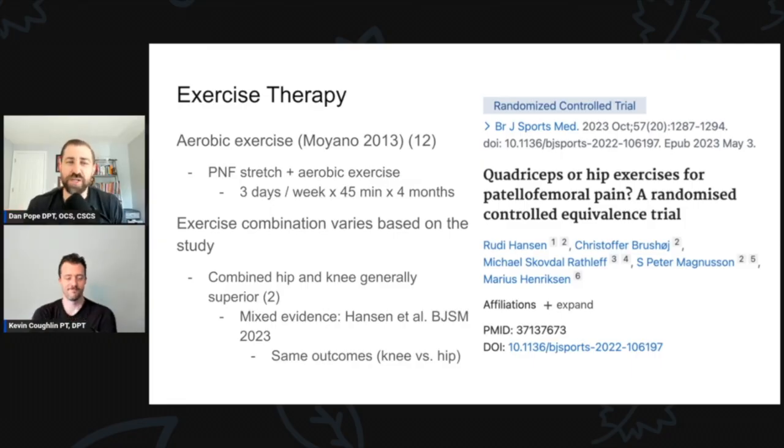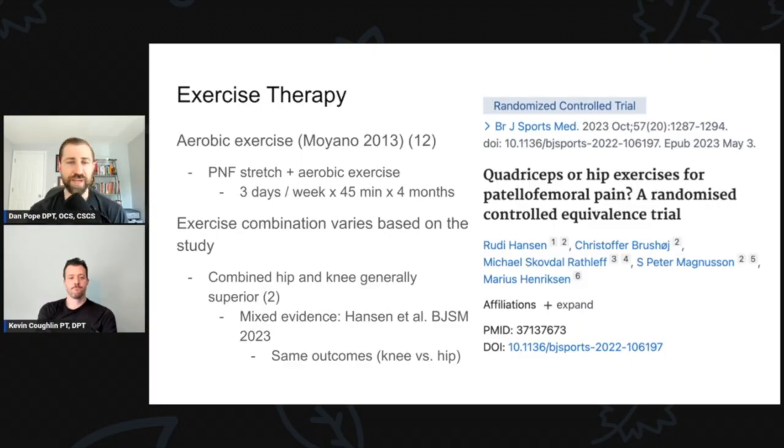So essentially, I had to dig into this paper to find the actual paper that they were referencing, and this was from Moyano et al. in 2013. And I honestly feel like this paper wasn't completely helpful because they were just looking at static stretching versus PNF stretching with the addition of aerobic exercise. And they didn't even give specifics on what type of aerobic exercise they were doing. They just said it was 45 minutes of aerobic exercise with a personal trainer 3 days per week for 4 months, right?